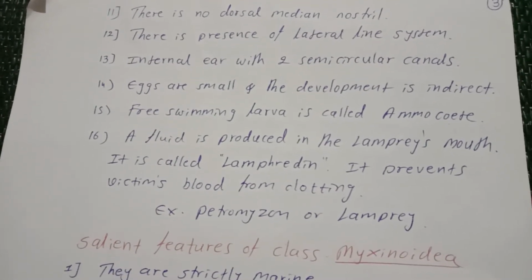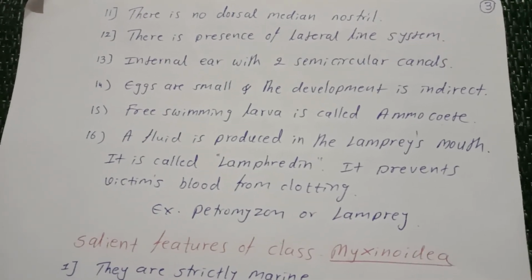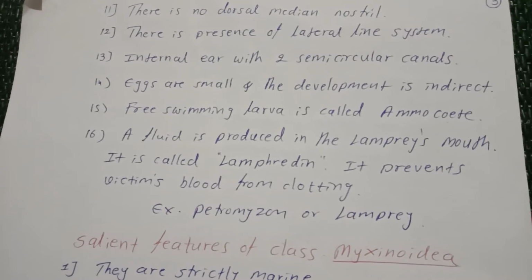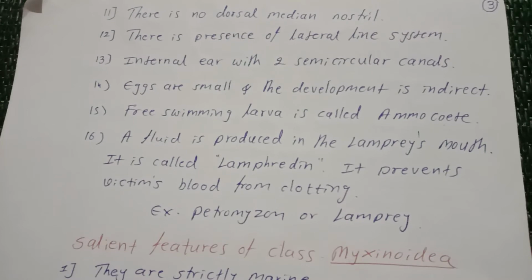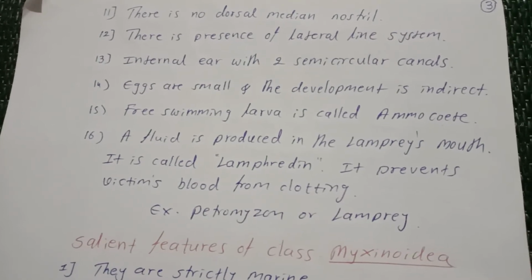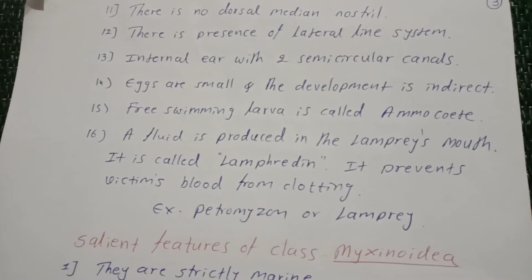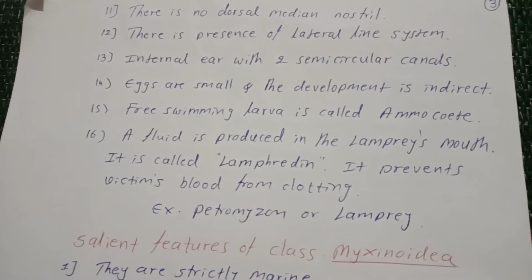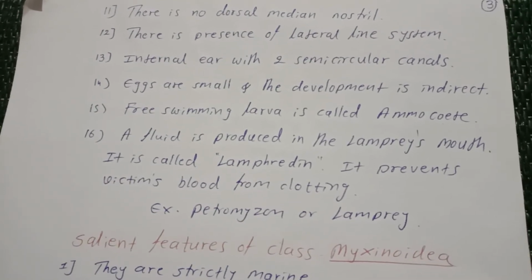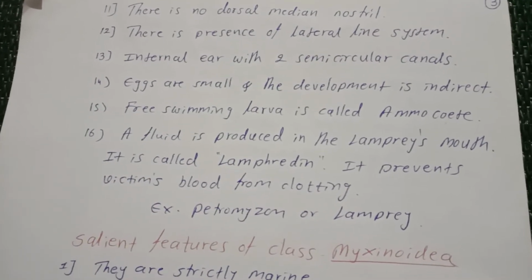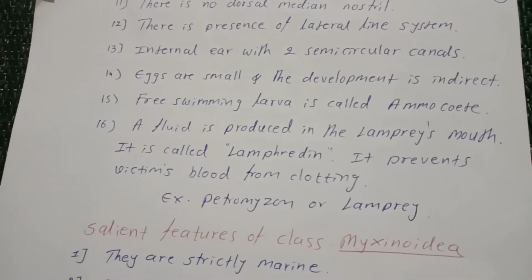The eggs are small and the development is indirect. That means from a small larva it develops into an adult indirectly. Free swimming larva is called ammocoete. The larvae of these animals are free swimming and they are called ammocoete.